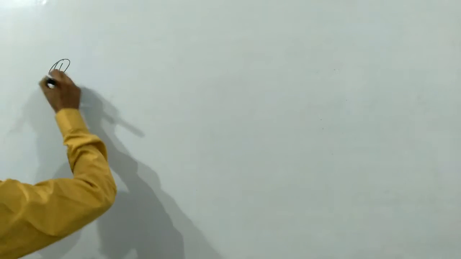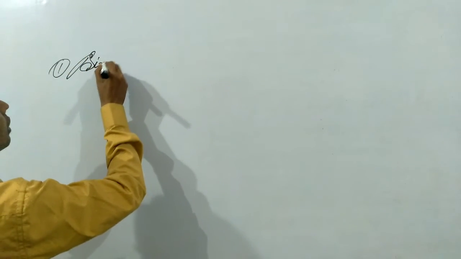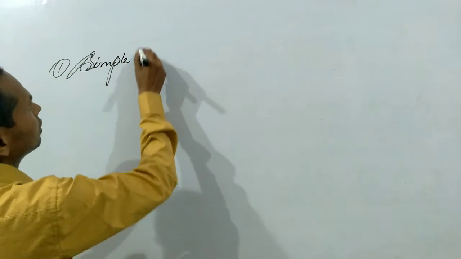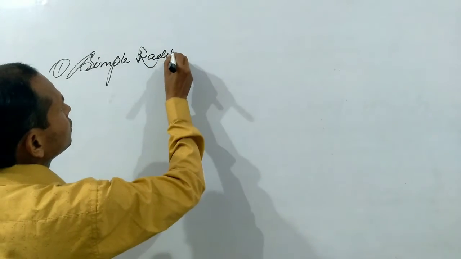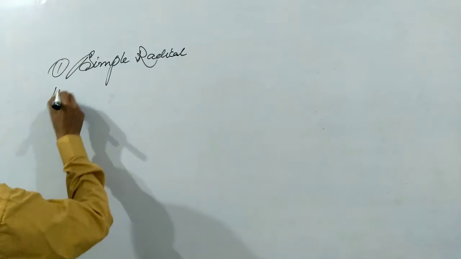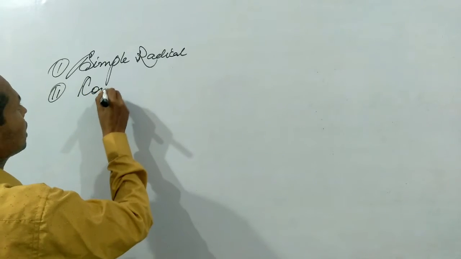So, on the basis of the number of atoms of different elements present in the radical, all the radicals have been classified into two parts. One part is simple radical and another part is compound radical.